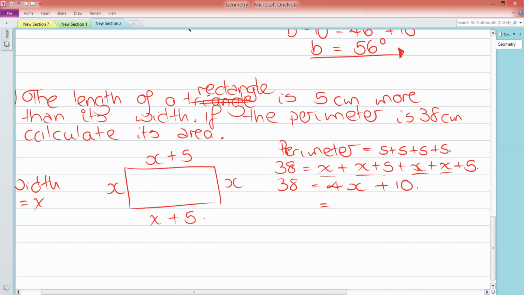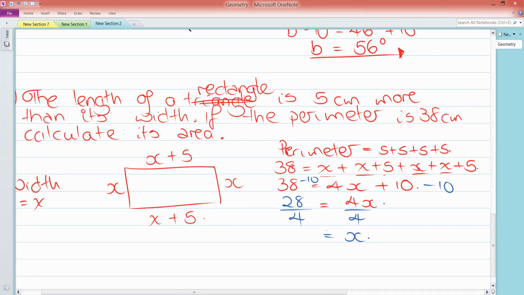Right. Make X the subject of your formula. So 4X plus 10 equals 38. What are you going to do? Balancing method, subtract 10 from either side. So 28 is equal to 4X. Last step, divide both sides by 4.